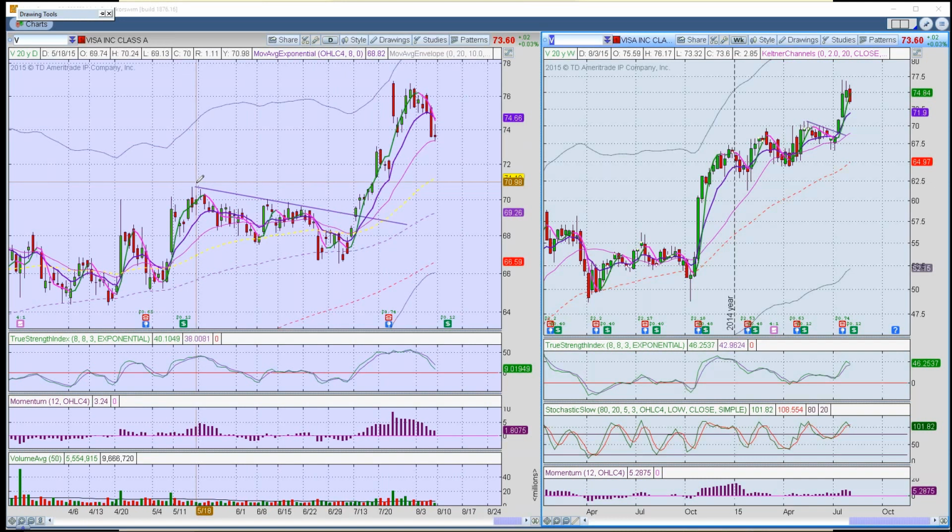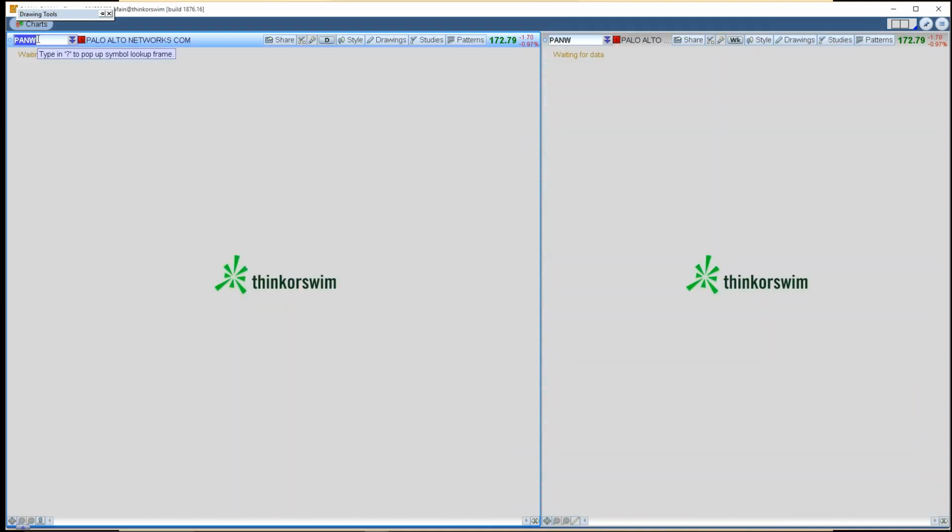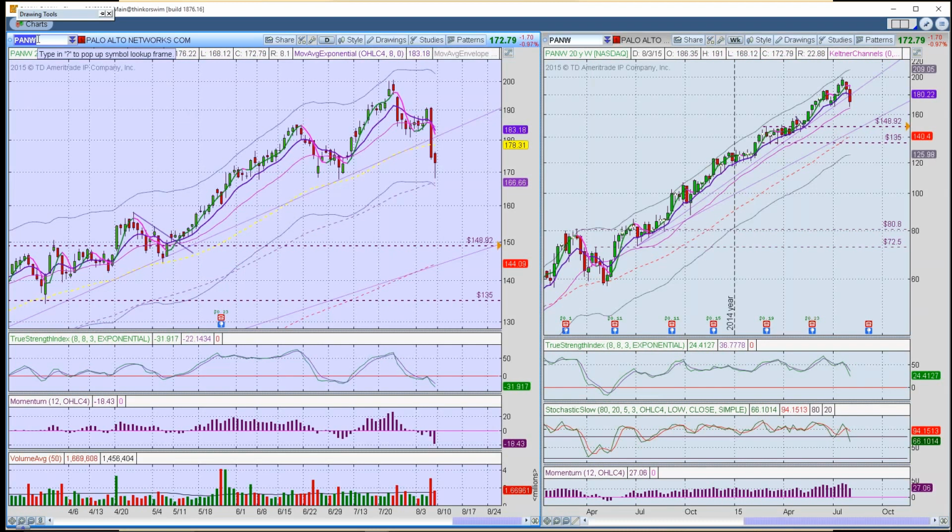So at this point, who knows? Let's see. What else are we looking at? Here's a couple of stocks that fell off. Palo Alto Networks fell off the leaderboard this past week, and it's down testing its support at the 170 level. Looks like it may be trying to put in a hammer here. We will see more towards the end of the day.